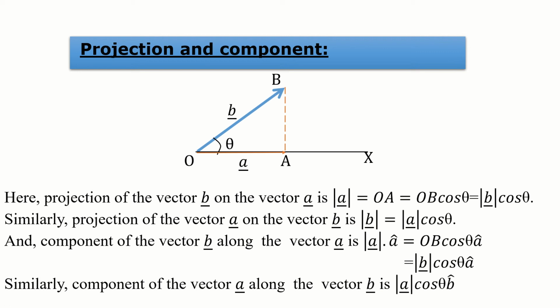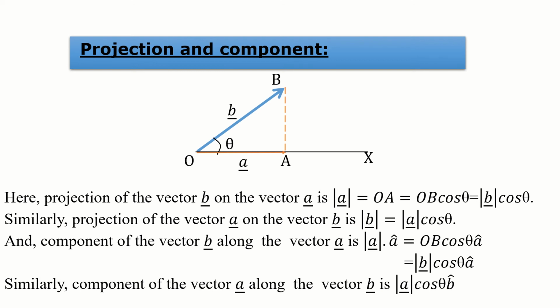Along the vector a means the vector whose direction is present, starting from O to A. So for component, as component is a vector, direction is a must.